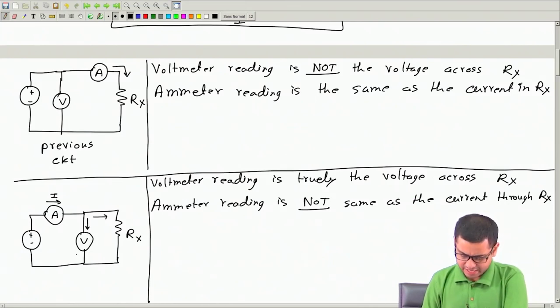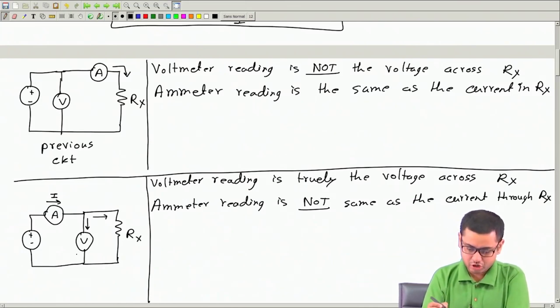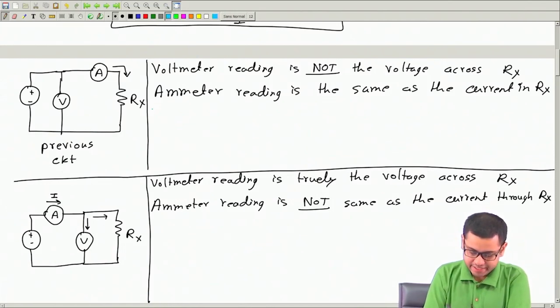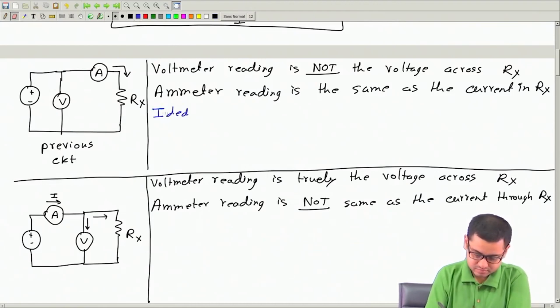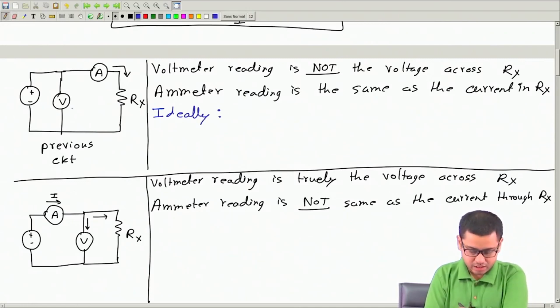But now let's think of an ideal situation. Ideally, an ammeter should have very low resistance.